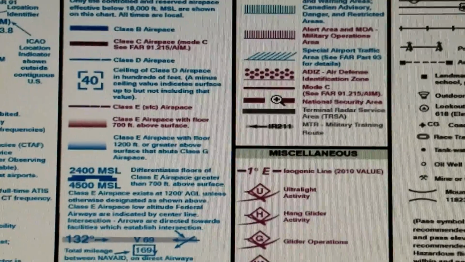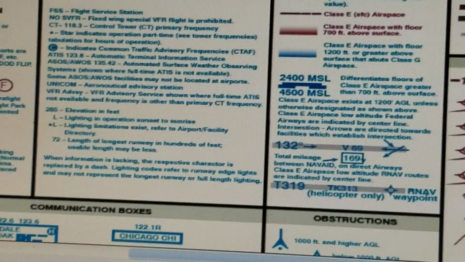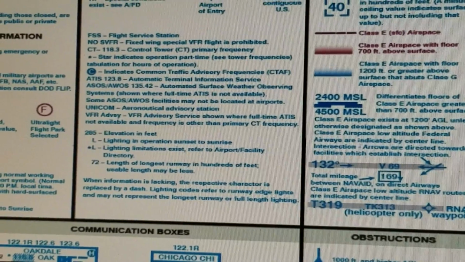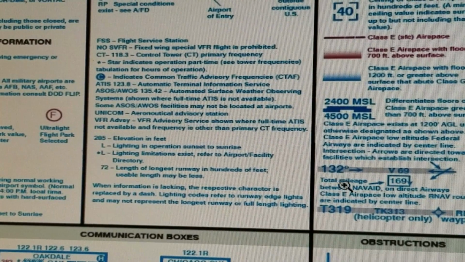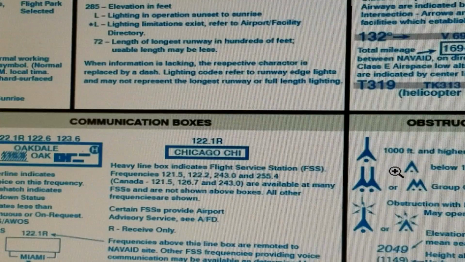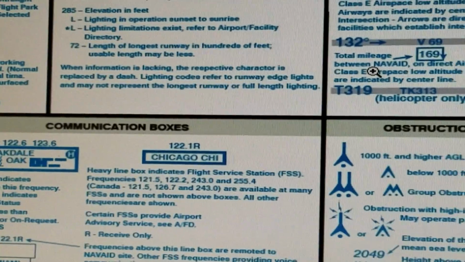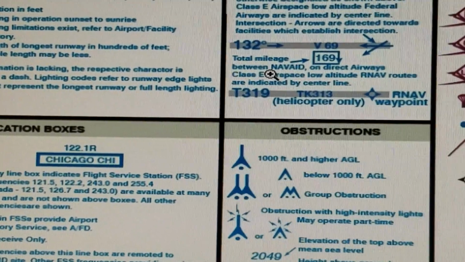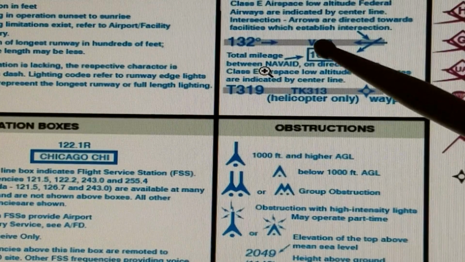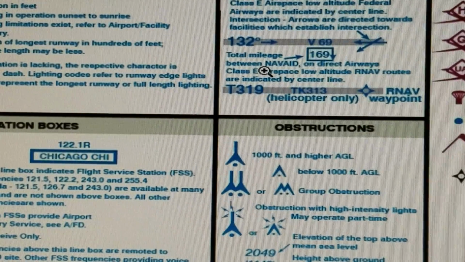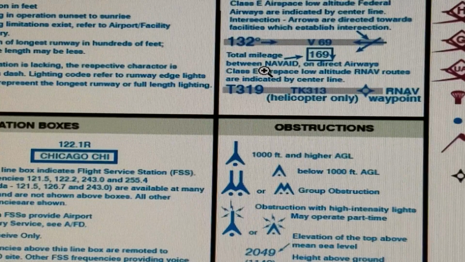I would also say not to get confused with this. You see over here, they call it V lines, V69. V lines are something else.